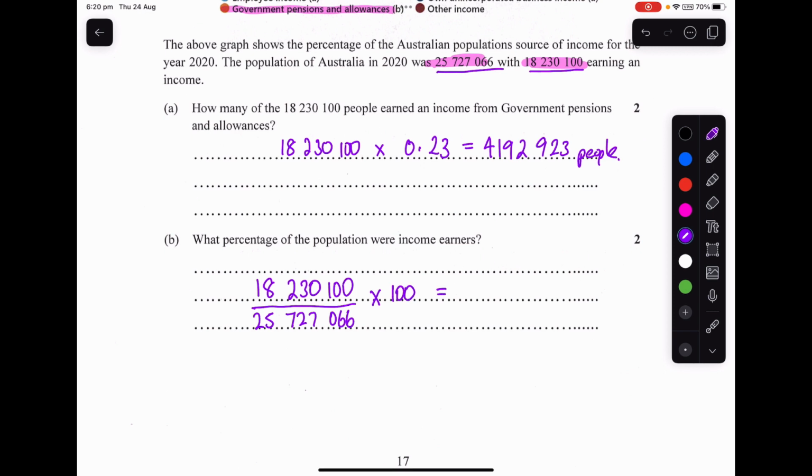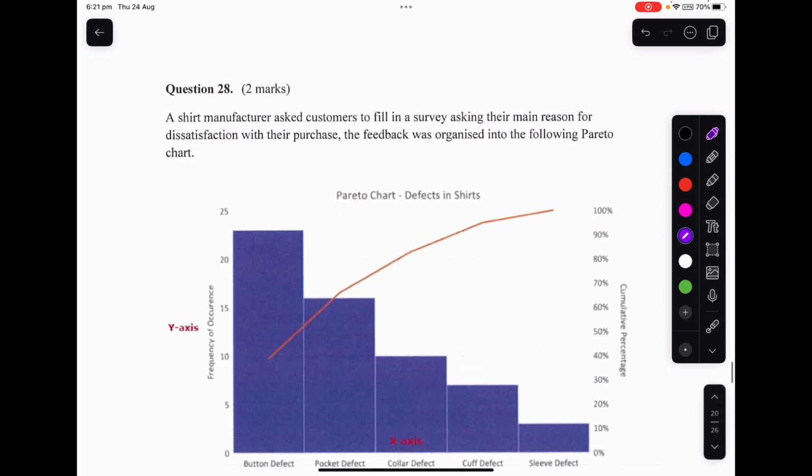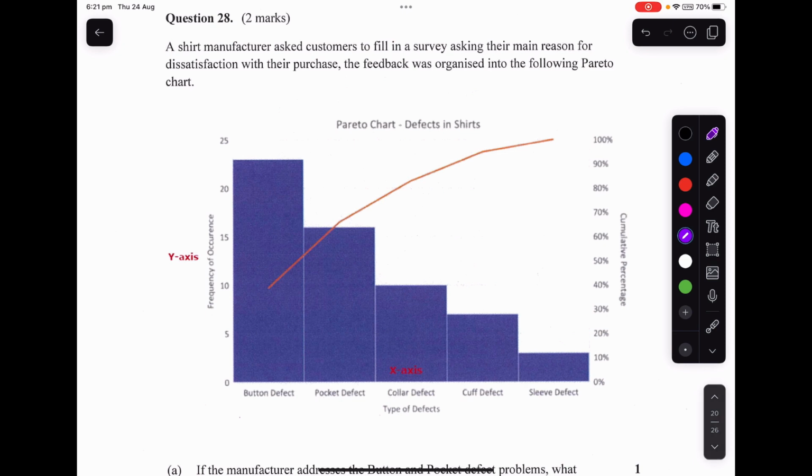So you get 70.859 and so on. So we might just round it to 2 decimals and go 70.86%. Okay, and now if it doesn't tell you how many decimals to round it to, just do 1 or 2. That should be fine. All right, now we have a Pareto chart here.